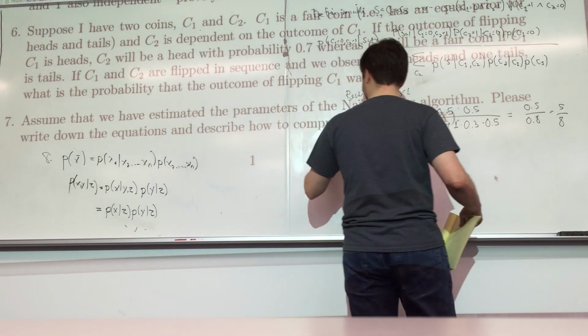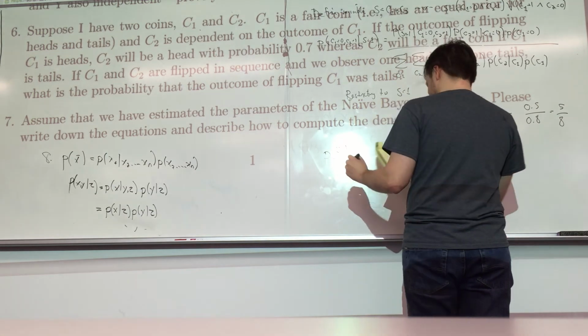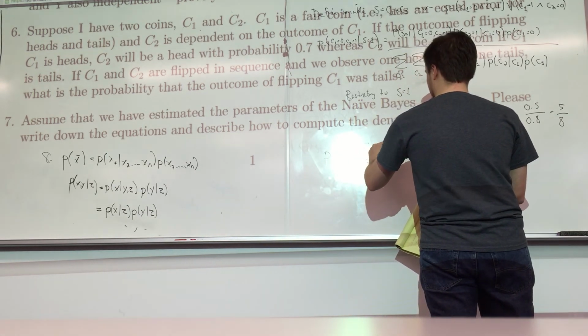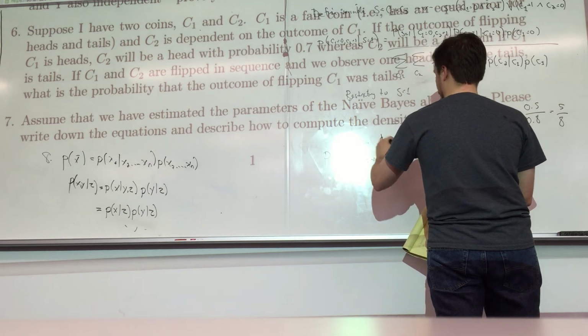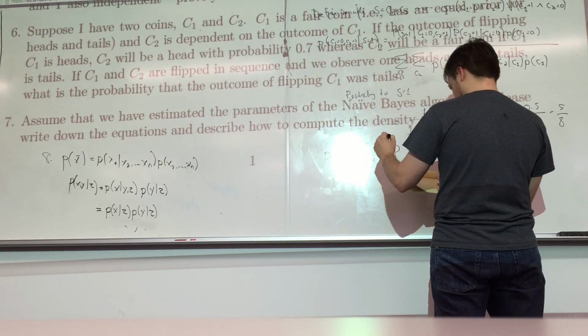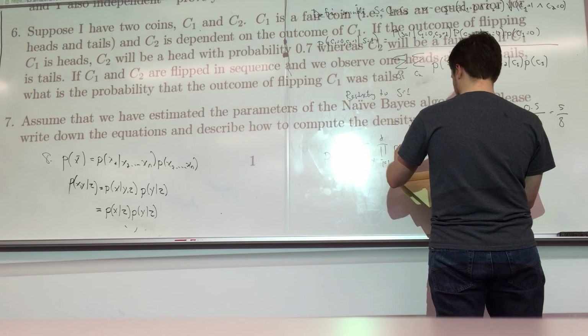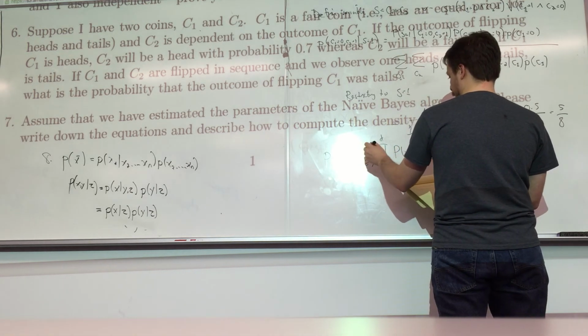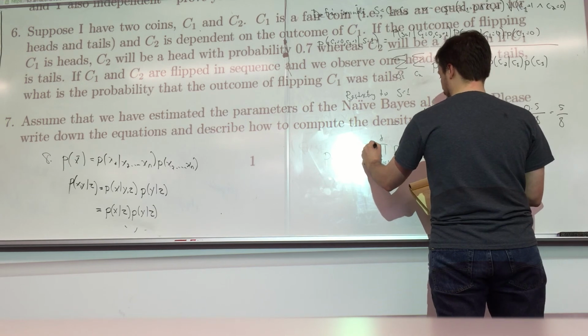This is just the sum over y prime and y, the product over i equals 1 to d of P of xi given y prime. You can put the P of y here if you want, P of y prime.